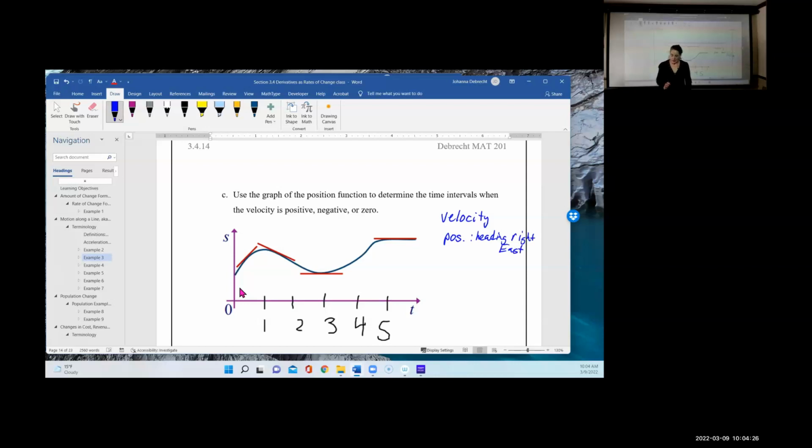So we have a positive velocity. It looks like heading uphill between 0 and 1. And then it goes downhill. So it's negative between 1 and 3. So it's headed west.